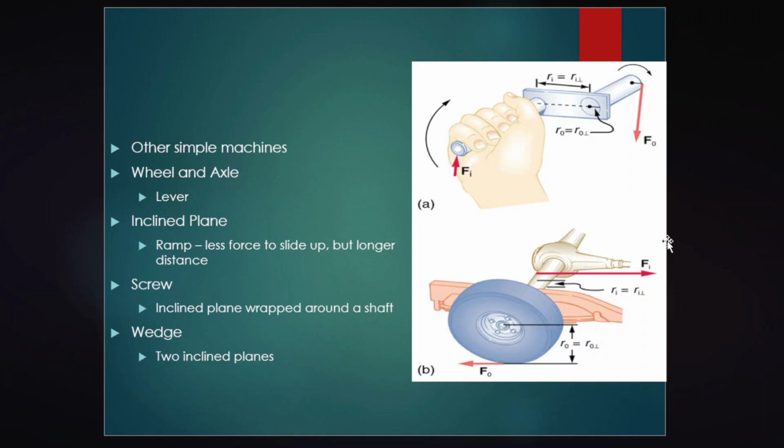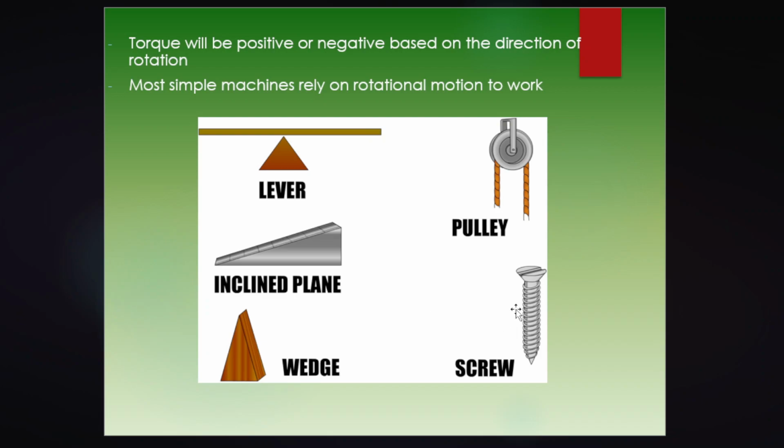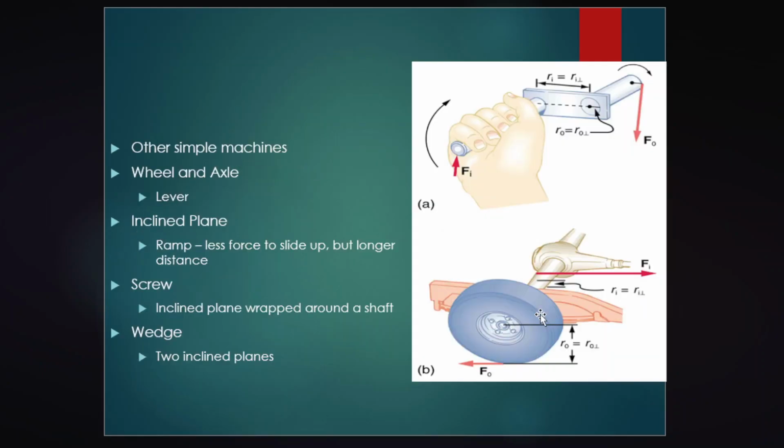Screws are an inclined plane wrapped around a shaft. So this is combining the wheel with the inclined plane. And if you use a wedge, that's actually just two inclined planes.